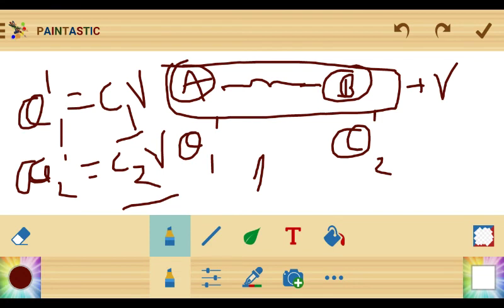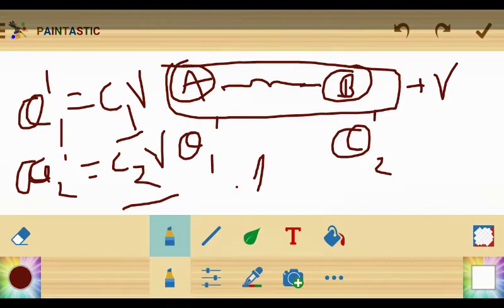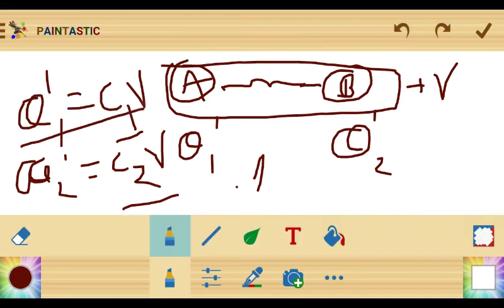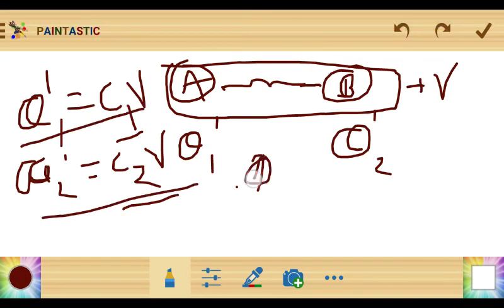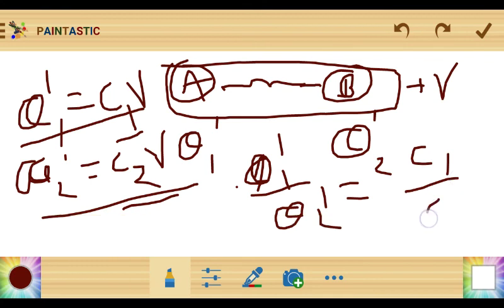So what you can see, once you divide this equation with this equation, you will find Q1 dash upon Q2 dash will be equal to simply C1 upon C2.